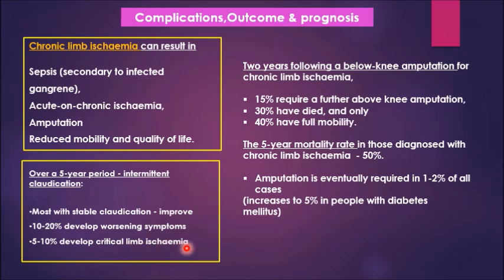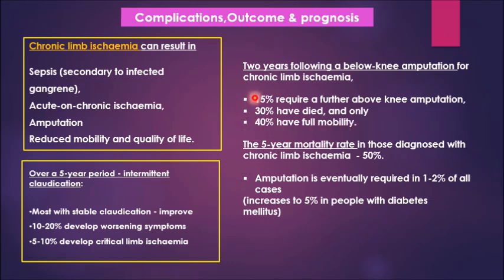Two years following below knee amputation for patients with chronic limb ischemia, what happens? 15% of them require further above knee amputation. 30% of them died, and only 40% have full mobility. So full mobility is only 40% in the majority of patients.